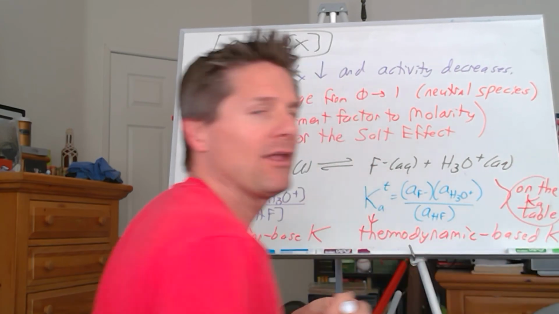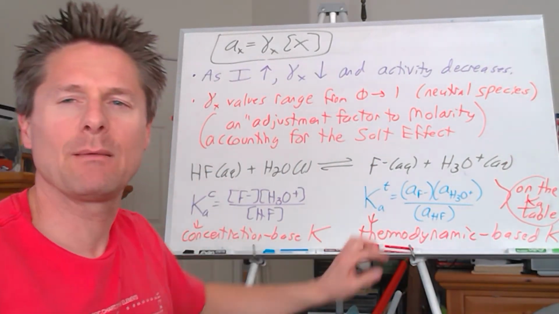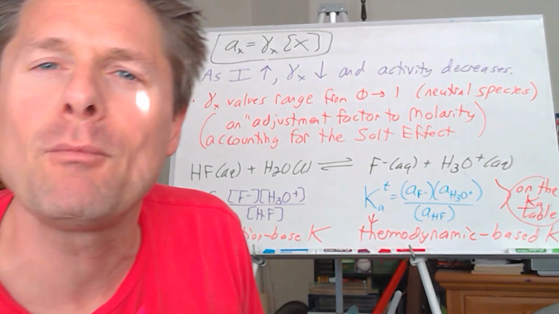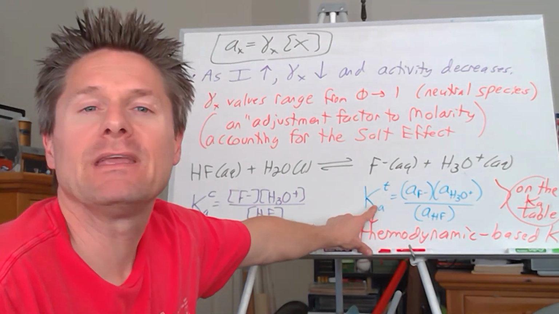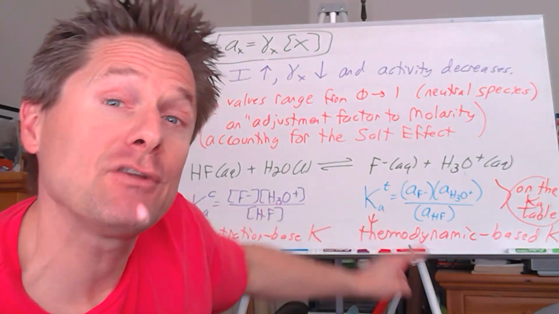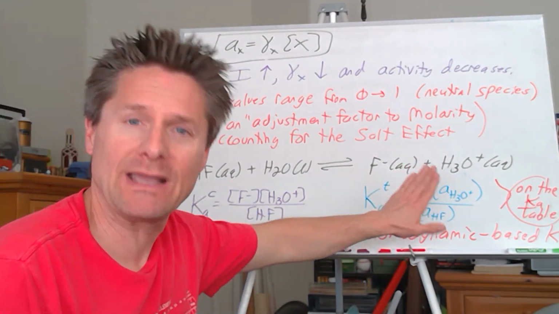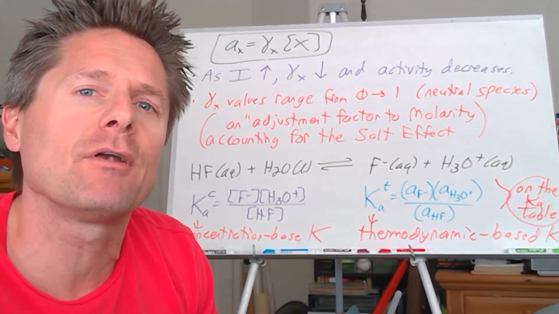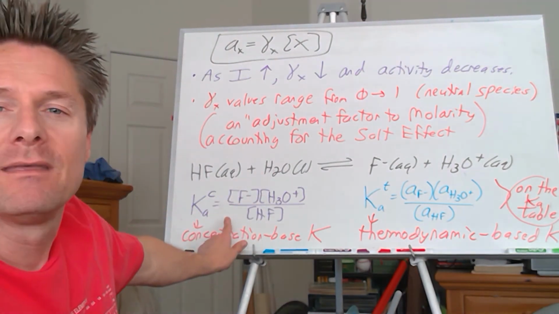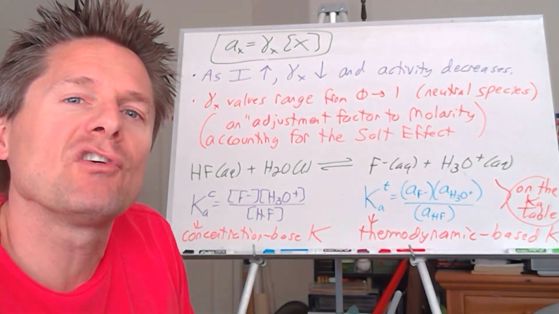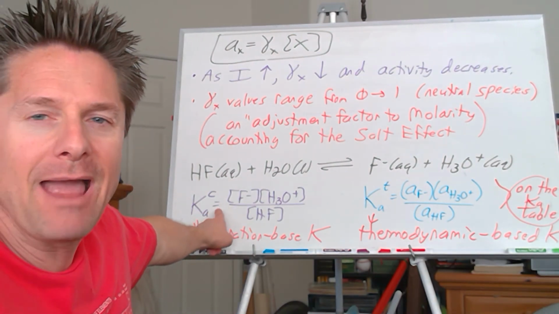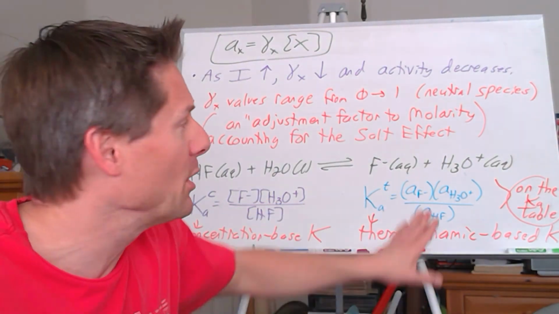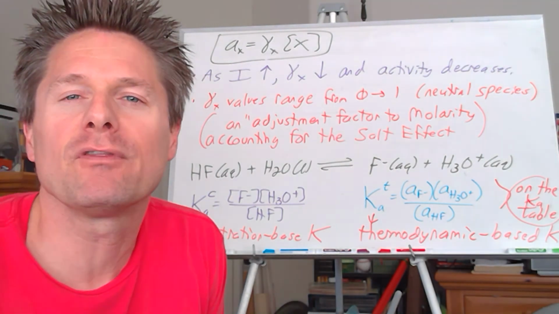So all those values on the Kb tables, the Ksp tables, the Ka tables, those are thermodynamic-based equilibrium constants. These are independent of the salt effect. They take into account the presence of these other ions. Concentration-based ones don't. So you'll see in lab that if you're measuring these, they're going to differ from what you see in the back of the book, because the back of the book accounts for the salt effect.